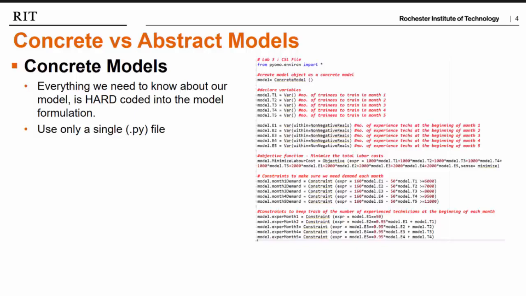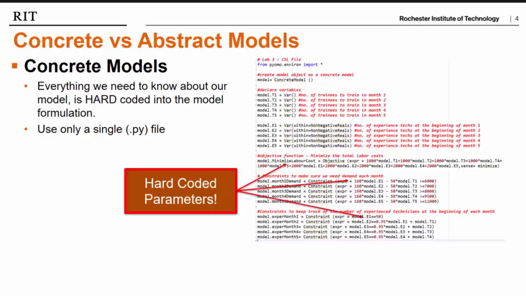They might look something like this. This was our pre-lab for lab 3, the CSL model file. If you look really closely, we can see a whole bunch of numbers in this model file. These numbers are parameters, and they're hard-coded in there. So if we wanted to change them, we have to go into our model file, find everywhere we used a value, and change it.